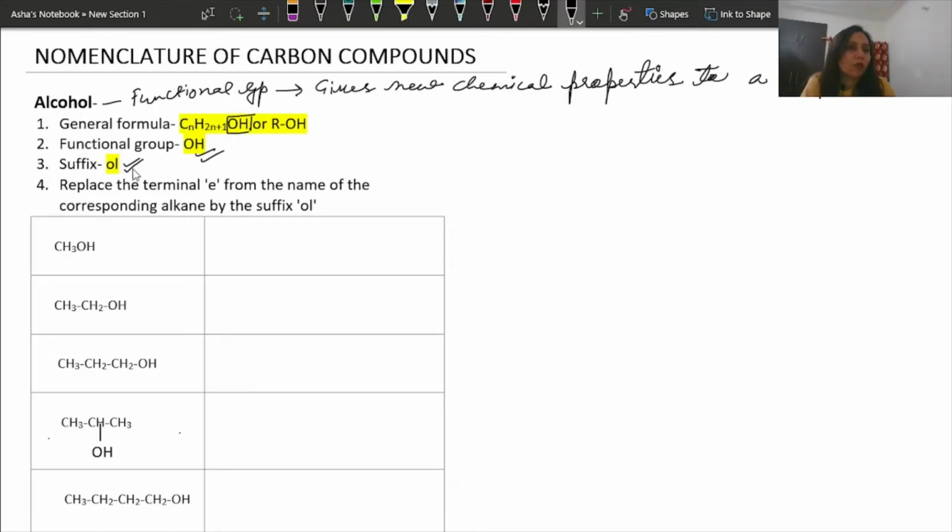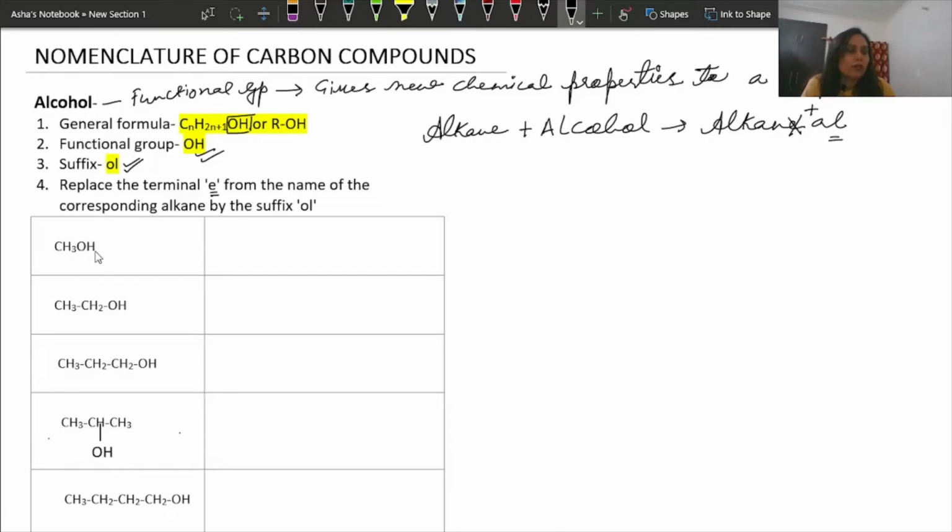We will be adding OL by replacing E. Like for example, if we are going to add alcohol in an alkane, so in the naming, from the word alkane, the E will be dropped and we will be attaching OL at the last. I'll tell you in the example.